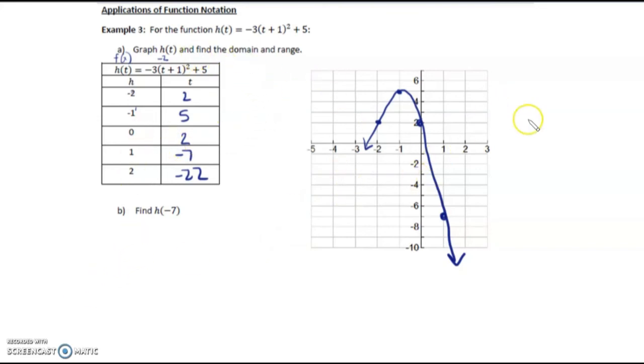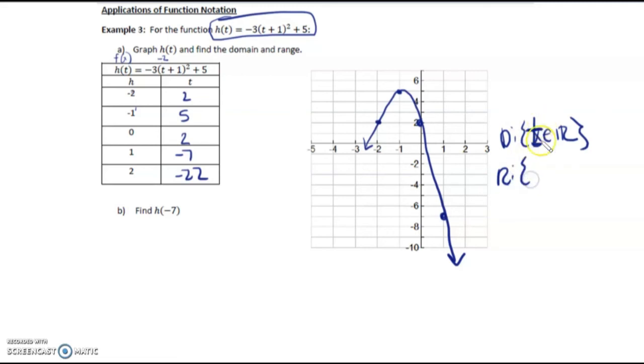Okay, and then let's state the domain and range. So the domain of this one is going to be x ∈ R. For this equation, we can sub in anything for t and it will hold. I'm actually going to change this to t ∈ R. We have to be consistent with the variables that are used in the question.